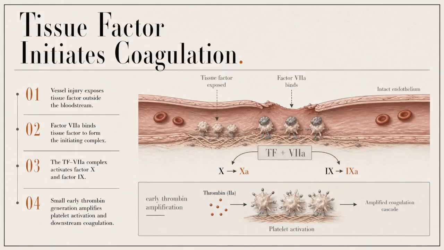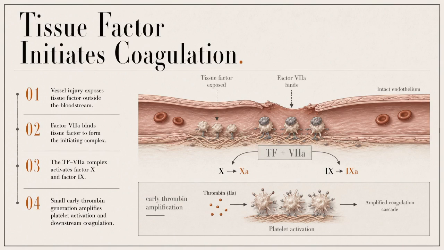Tissue factor is the primary physiological trigger for coagulation, acting as the injury signal that starts the clotting process. Normally, tissue factor isn't exposed to circulating blood. But when a blood vessel is injured, blood comes into contact with cells that express tissue factor. Factor V then binds to this exposed tissue factor, forming a powerful complex.